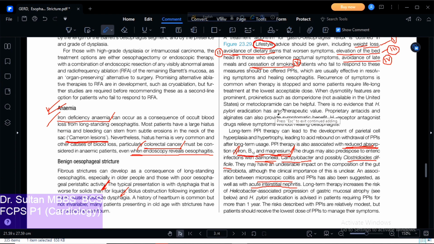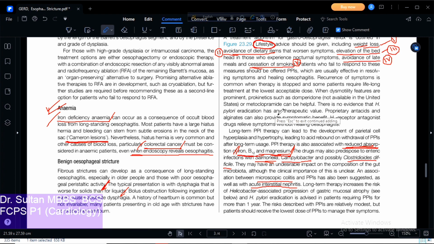Long-term PPI therapy can have some problems. It reduces absorption of iron, so there can be iron deficiency anemia. It reduces absorption of vitamin B12. It reduces absorption of magnesium. If people have long-term PPI therapy, there will be reduced iron, B12, and magnesium in the body.